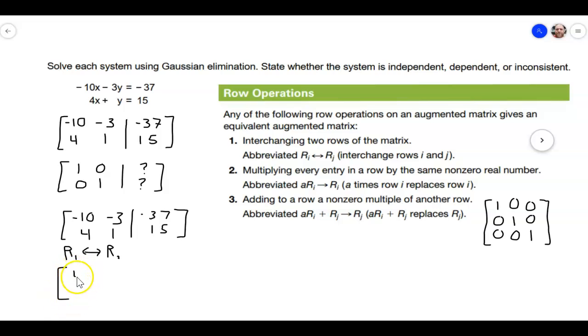And this gives me 4, 1, -37, and -10, -3. Oh, this should be 15. We have to do the entire row, and this will be -37 down here. All right.